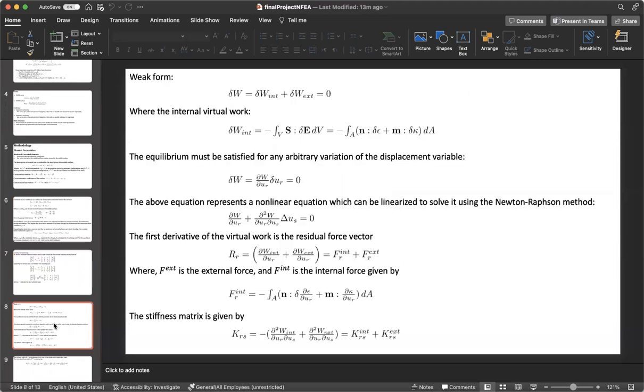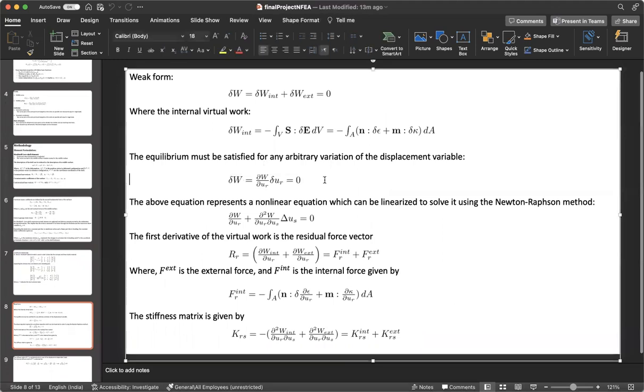The weak form can be derived from the strong form by applying the directional derivative with respect to variation in displacement, variation in deformation, and from the weak form, applying the directional derivative with respect to change in deformation, we get the stiffness matrix.